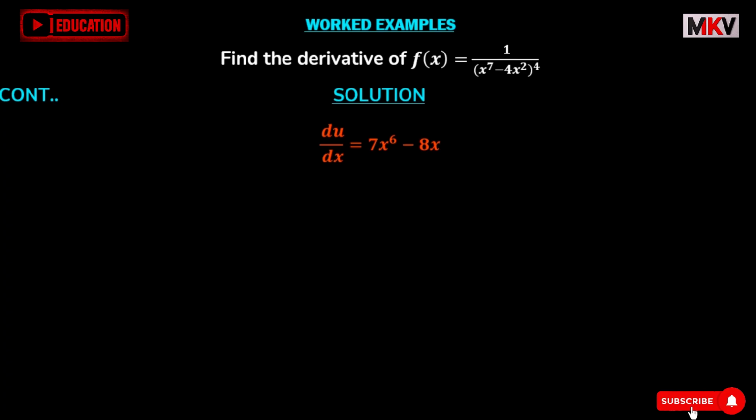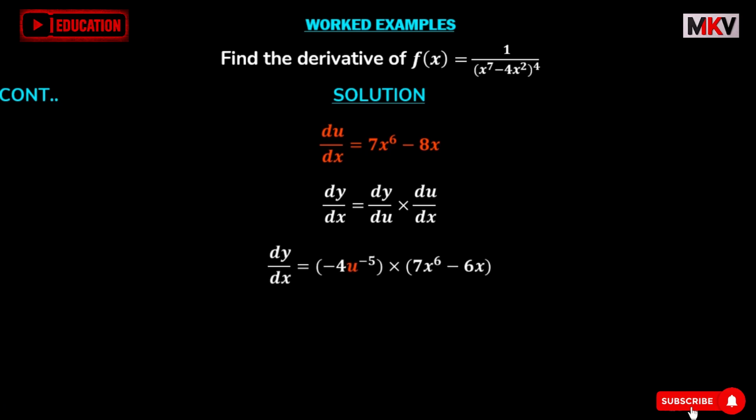So after finding the derivative of u with respect to x, then y with respect to u, we do the necessary substitutions. So we state the equation again, which is dy/dx equals dy/du times du/dx. So dy/dx therefore becomes minus 4u to the power minus 5 times 7x to the power 6 minus 8x.